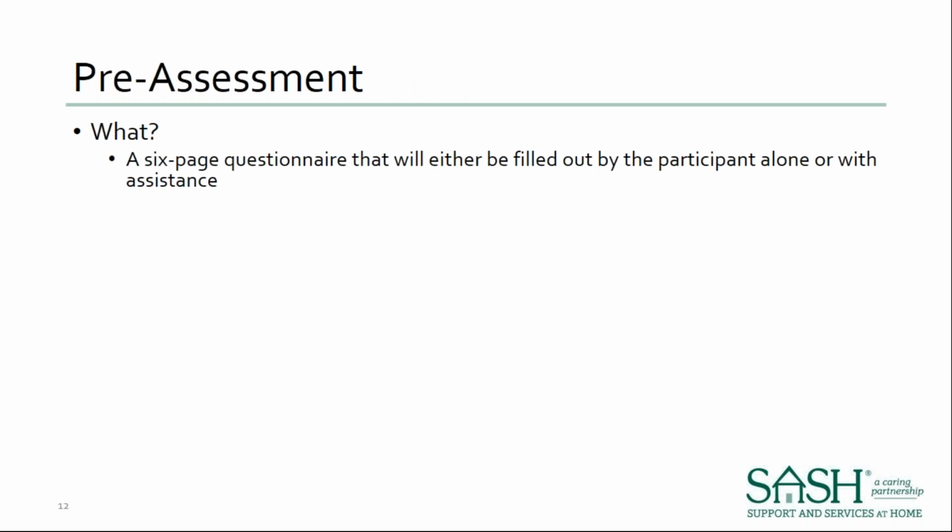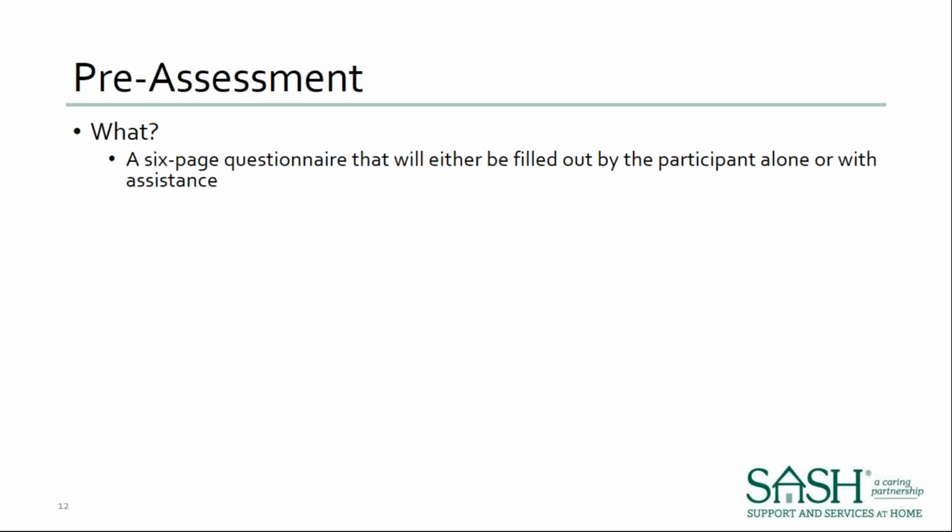So next slide. We'll go over the pre-assessment first. So what is it? It is a 6-page questionnaire that will either be filled out by the participant alone or with assistance, depending on their ability and willingness. For community-based panels, you might have to be a little bit more creative.